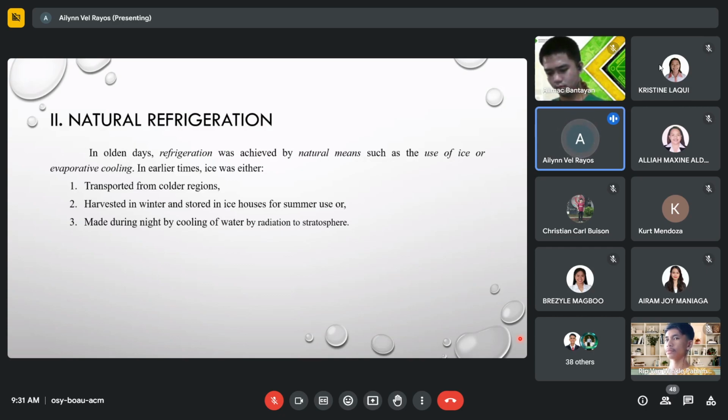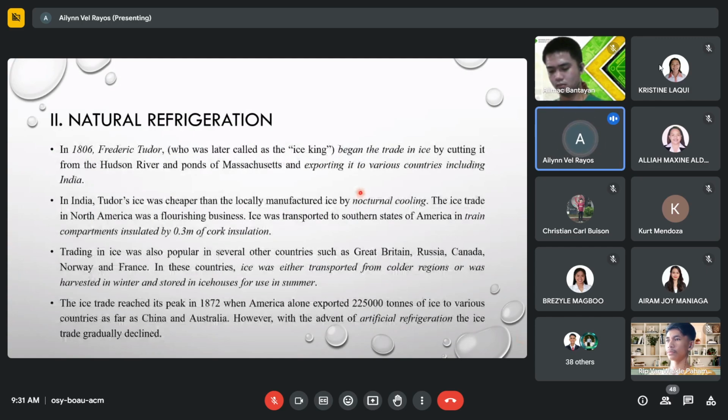So in earlier times, ice was either transported from colder regions. It can also be harvested in winter and stored in ice houses for summer use. And this is made during night by cooling of water by radiation to the stratosphere. So we discussed the history of this natural refrigeration. Can you please read this slide?